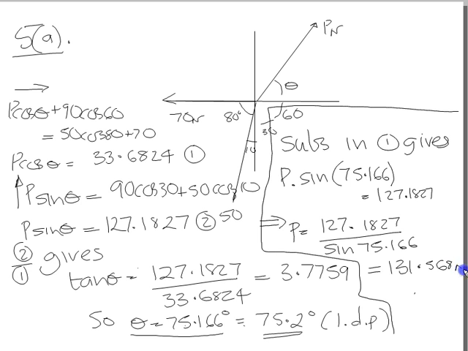So that's good, and that would be newtons, which equals 131.6, and that's to 1 dp, newtons, which I haven't written very clearly. So again, sorry about putting everything in such a squashed up way, but I wanted to keep it all on one page. Newtons. There we are. So the P force is 131.6 to 1 dp, and the angle is 75.2 degrees to 1 dp.